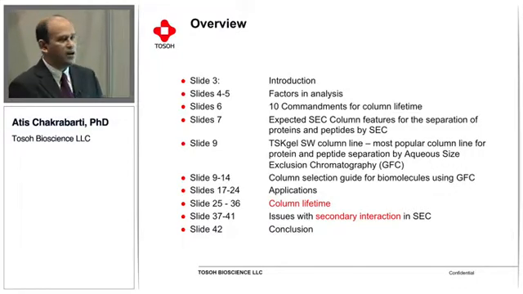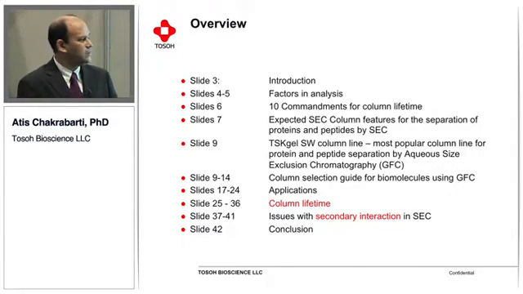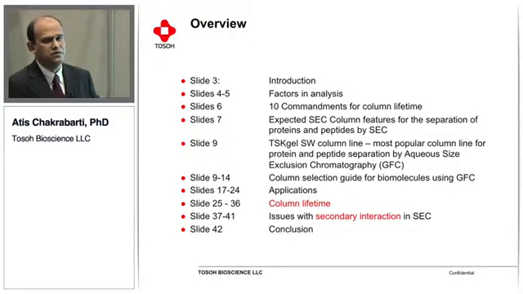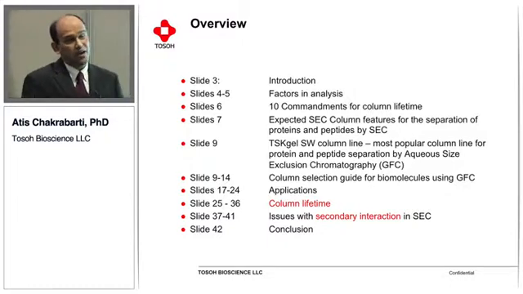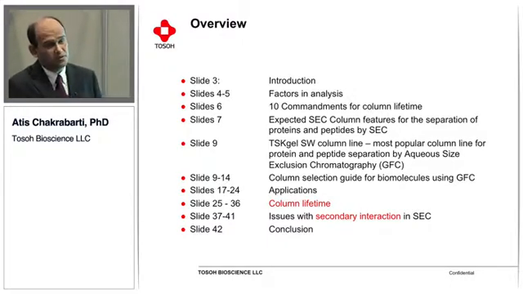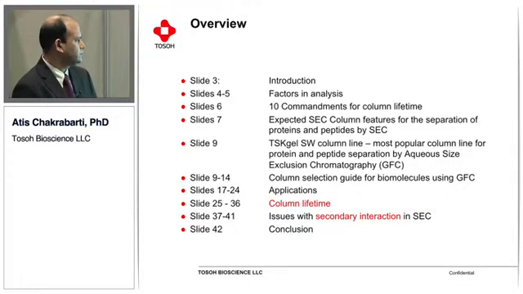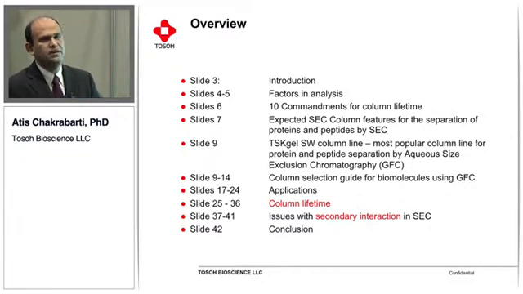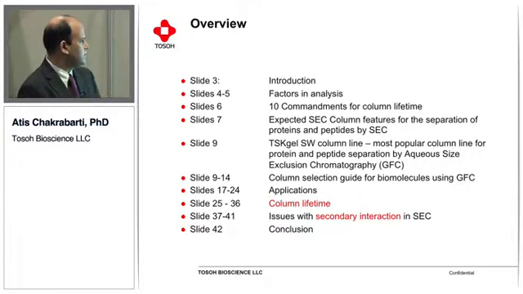And slide 9 is the overview of the column line, SW column line, which is basically the most popular column line for the separation of the proteins in the application of the monoclonal antibody and so on. And the slides 9 to 14 will cover the column selection guide for the biomolecules in a little bit broader perspective.